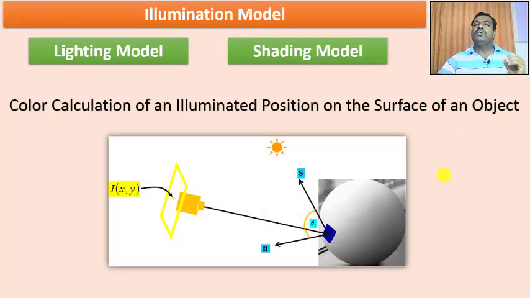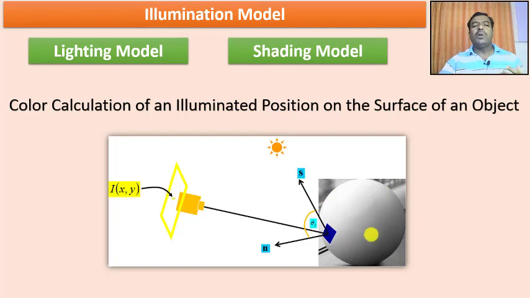When I talk about the illumination model, which is also called the lighting model or the shading model, consider this particular object, which is a sphere. If there was nothing called illumination, it would have looked like a flat circle, though I have drawn a sphere.